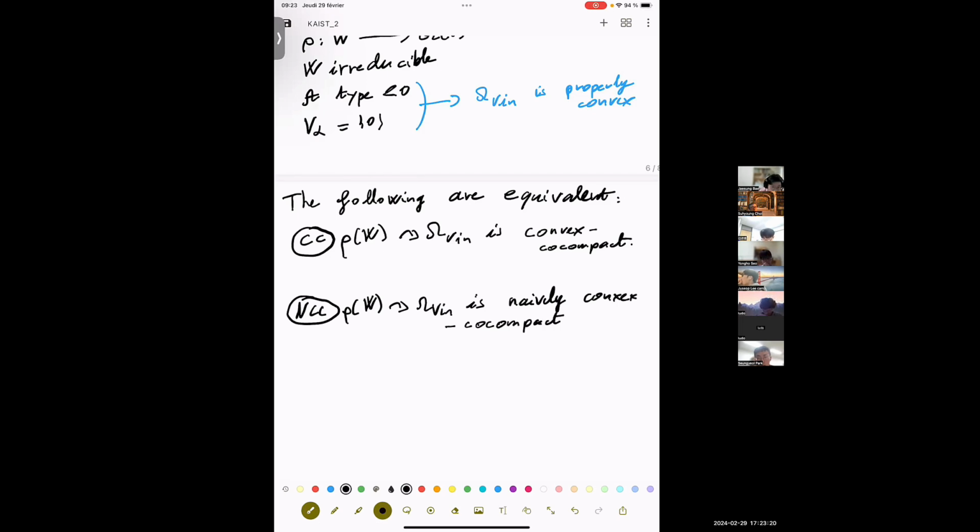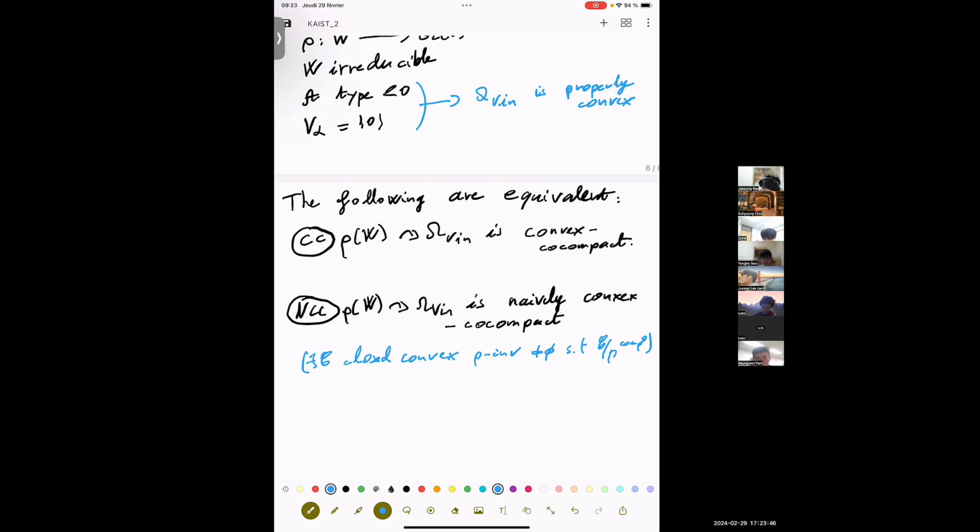So I recall what it means. So it means that you can find C closed, convex, rho invariant, not empty, such that C mod gamma is compact.